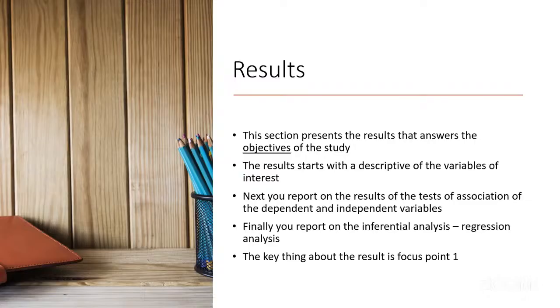So essentially, there's the descriptive analysis and the inferential analysis. First start with the descriptive, which helps put in perspective what to expect, after which you can now start describing all of the different analysis you did, the test of associations, the regressions, and any further analysis you might have done.